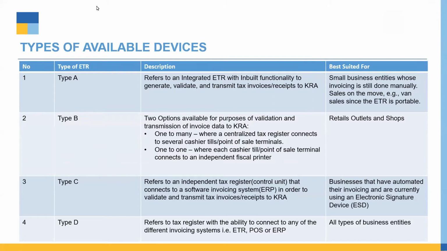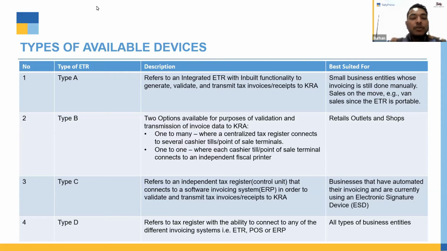Now these are the new types of devices that are available. Type A refers to the integrated ETR with inbuilt functionality to generate, validate, and transmit tax invoices to KRA. It's best suited for small businesses who still do invoicing manually and don't have a system. They still punch the manual ETR, so type A is basically for them.